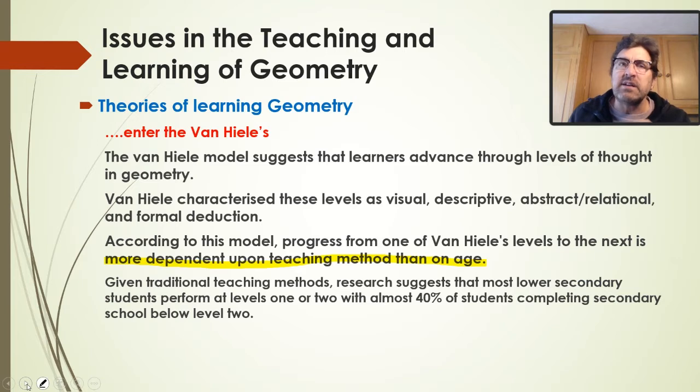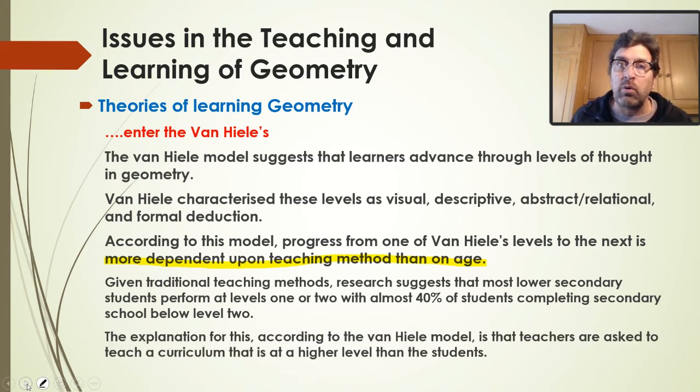Now that is very interesting, because you'll see as we study the model, level 2 is the first 3 components of the Van Hiele model. The last 2 components, which is what a learner needs to be able to reason effectively in the geometry class, are thus underdeveloped or not developed at all.